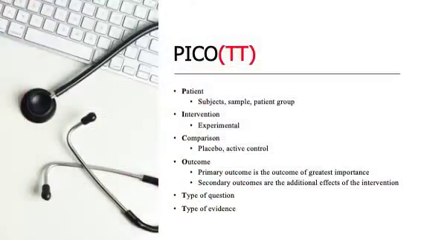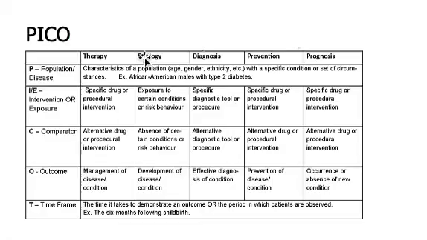Like I said, every now and then you're going to see some of these clinicians who are doing EBP add these two letters at the end of the PICO, and those are the two T's. The first T is the type of questioning. There are various types of questioning that you would see in a lot of EBP courses.